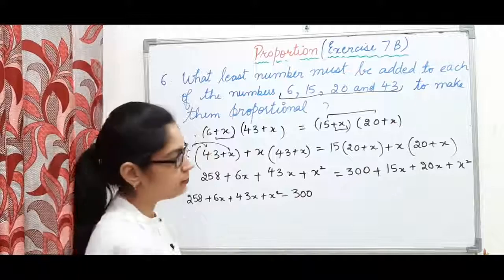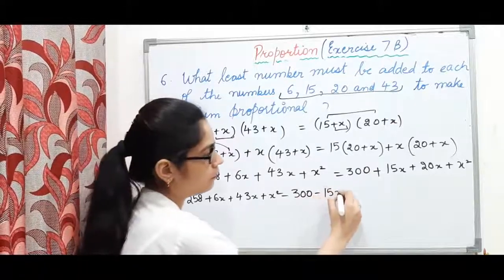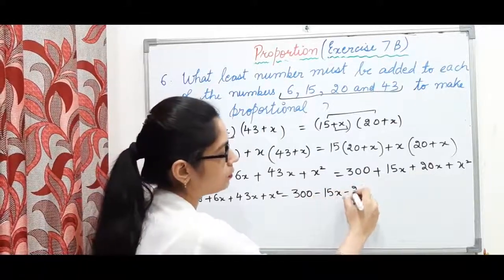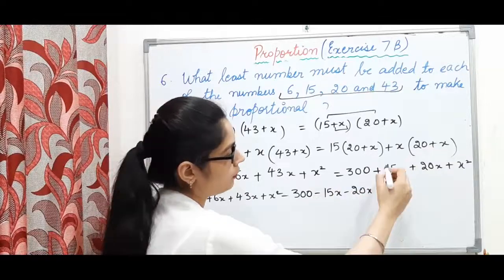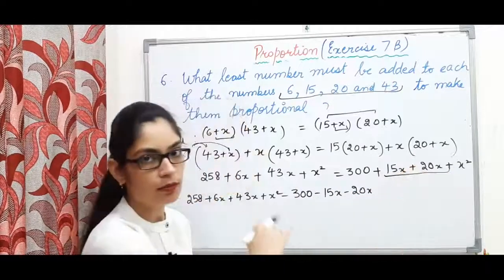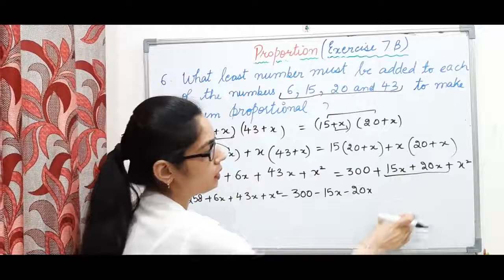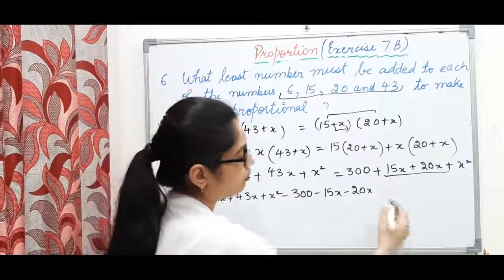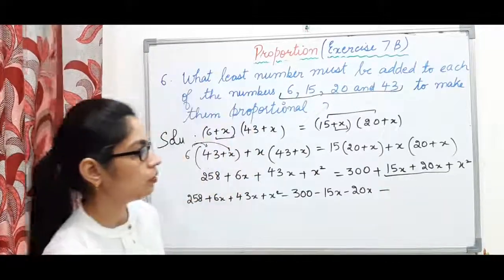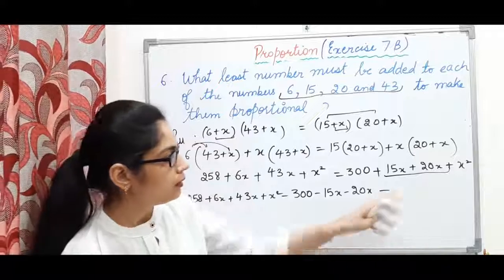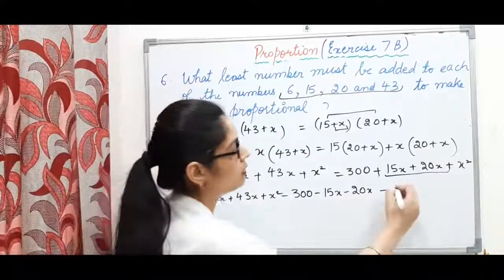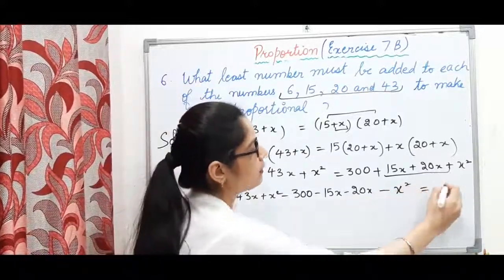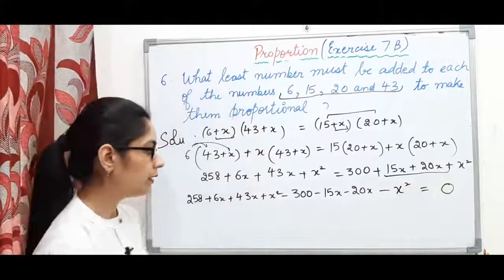Plus 15x will be changed to minus 15x. Plus 20 will be changed to minus 20, or you can also add these two and collect in a single way you can bring. This way also you will get the same answer, so no worries here. So then plus x square will be changed to minus x square. On the other side nothing is there, so that means 0 we can write.